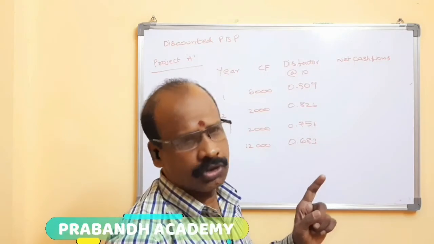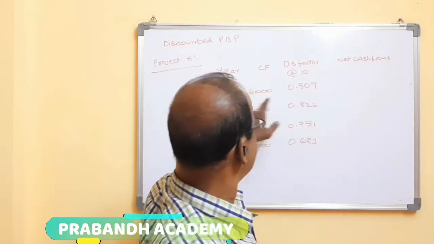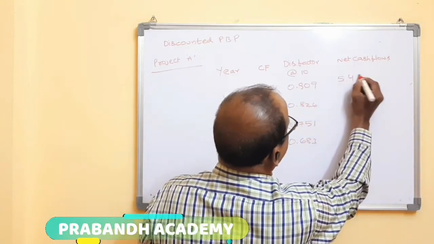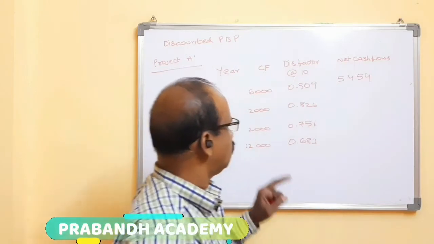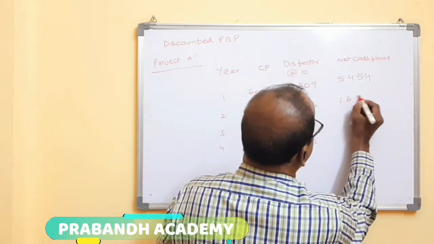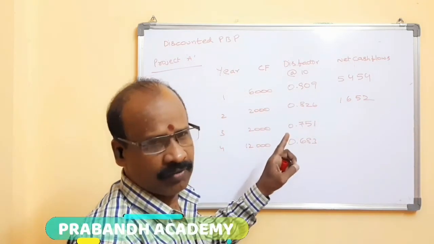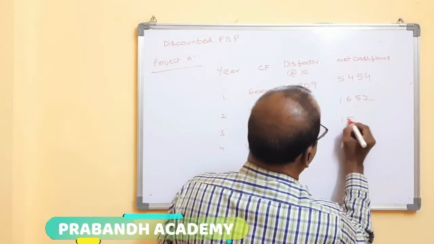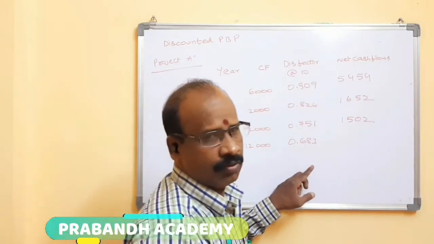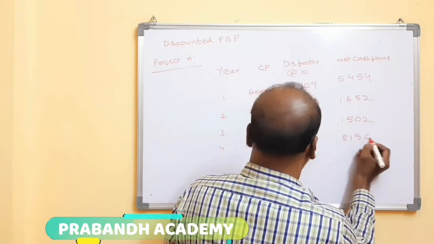So 6,000 into 0.909 we get 5,454. 2,000 into 0.826, 1,652. 2,000 into 0.751 we get 1,502. 12,000 into 0.683 we get 8,196.